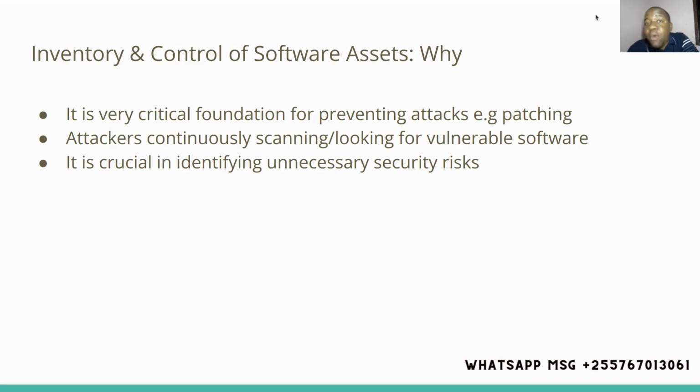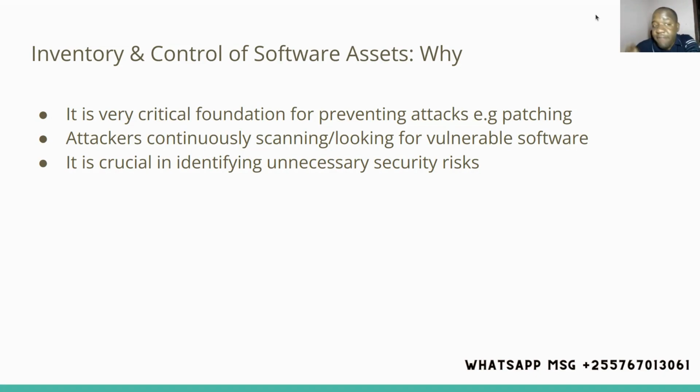And of course, if you know all the kinds of software that you are supposed to protect, then you may be able to know when to apply patches and when to amend if vulnerabilities are found. Take, for example, software that is used in your network and you don't know that it is used. Even if you get information that there is a vulnerability or a patch for this software, you will not take any action because you may assume that you don't use it. But to your surprise, some of your users in the environment are using that particular software.